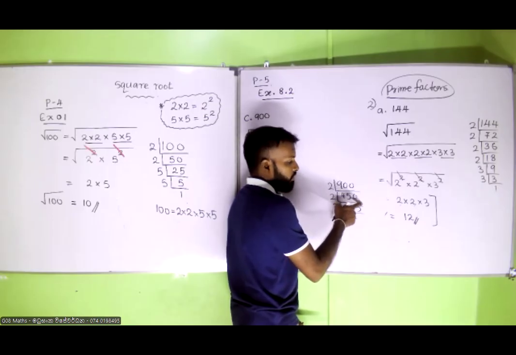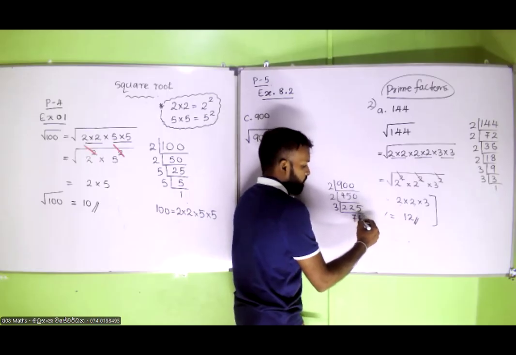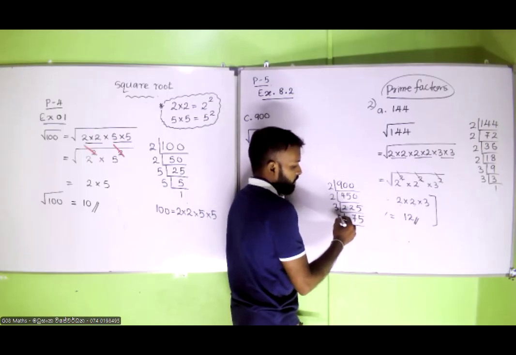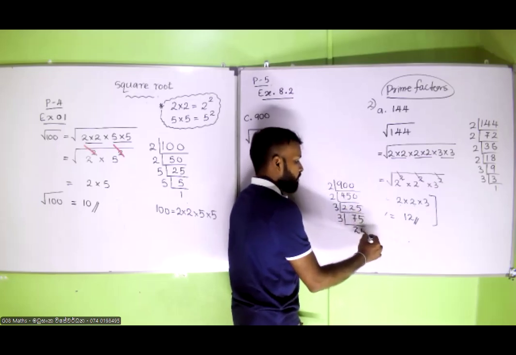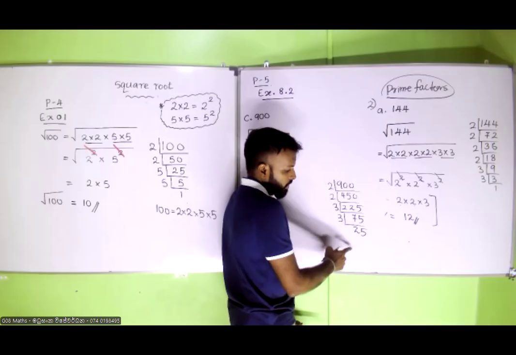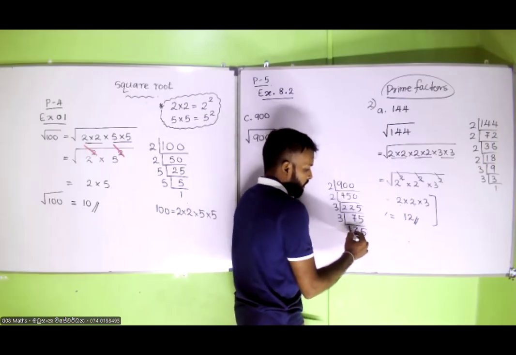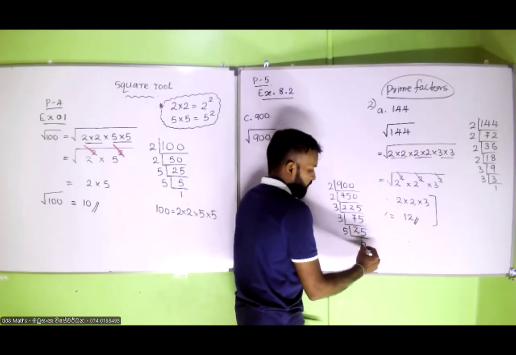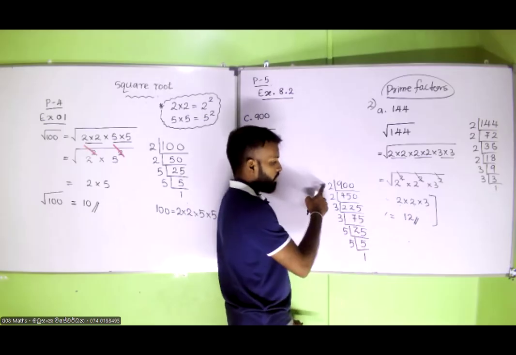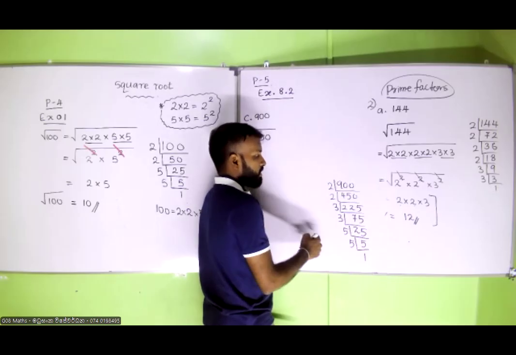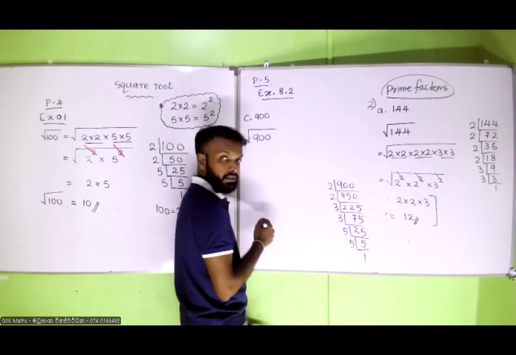Remainder is 1. Then 5, 15. 3 times 5. Again, 75 can be divided by 3. 3 times 2, 6. 1, 5. Here you have 25. 25 divided by 5, 5 times 5. Until we get 1 at the end, we have to divide.